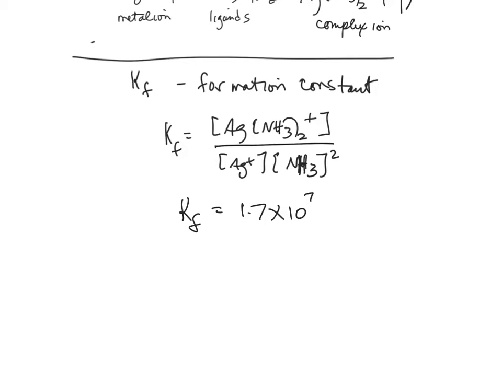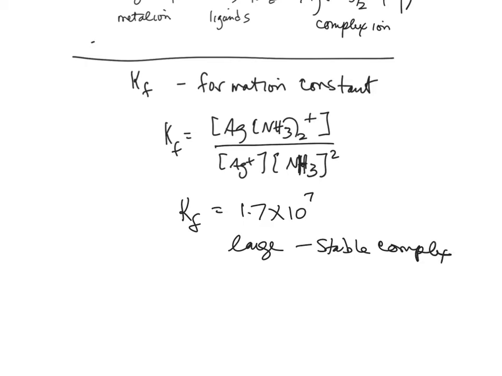So that is a very large number, and we expect the complex ion to form when the number is that large. So this is associated with a stable complex.